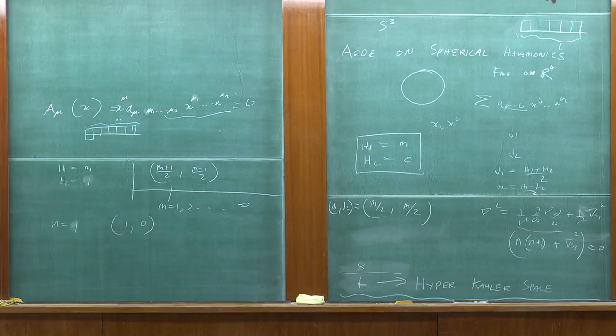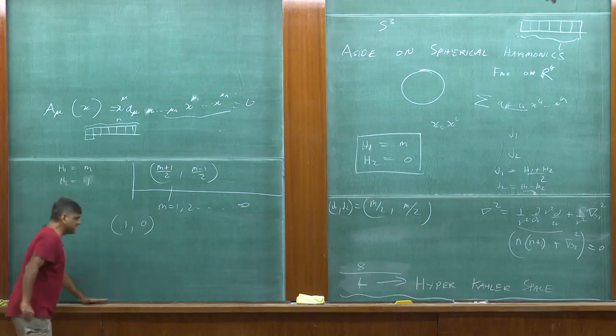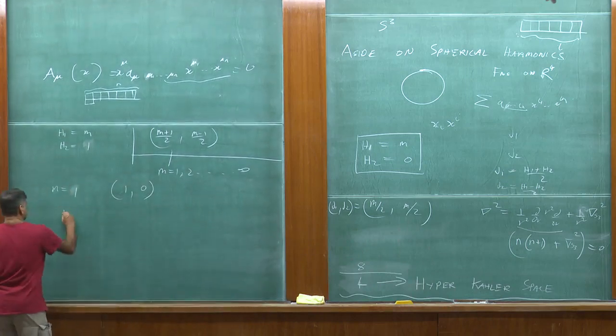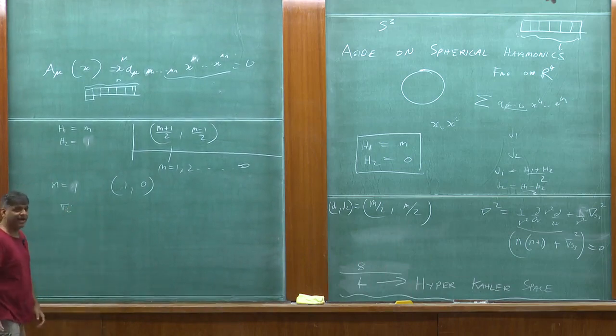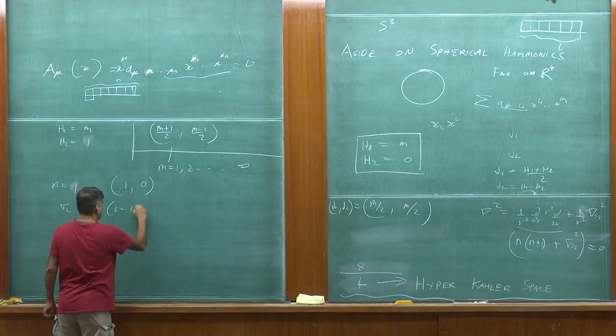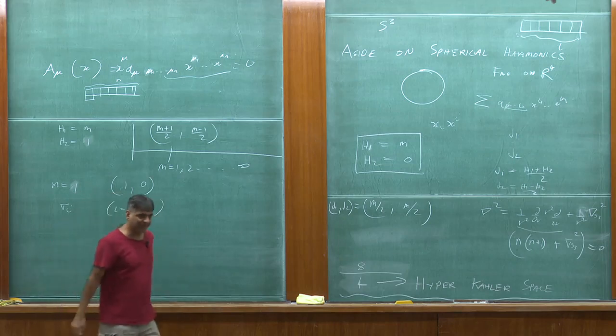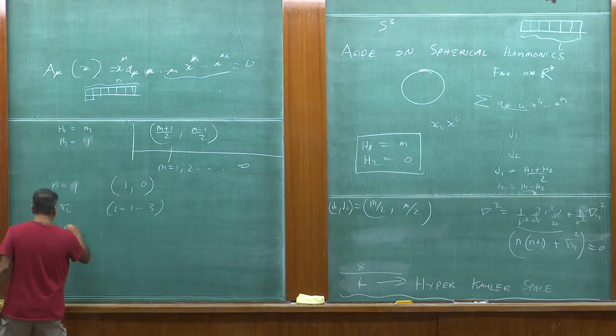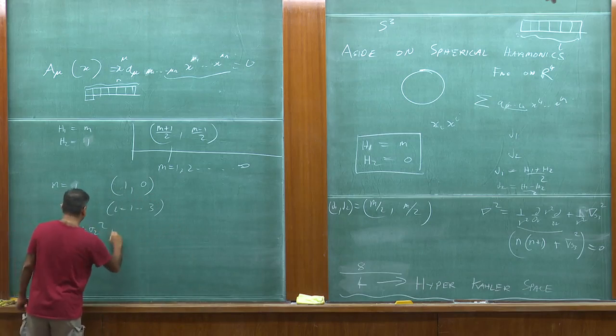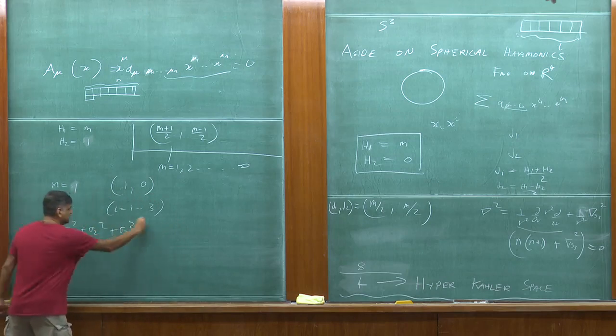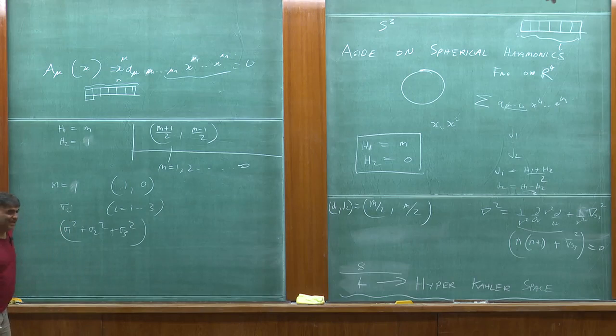Now, in fact, it's not hard to convince yourself that you can write down the round metric on the sphere. In some coordinate system, you can write down explicit expressions for these one forms. They're sometimes called sigma I, I equal to 1 to 3. Sigma 1, sigma 2, sigma 3. And roughly speaking, sigma 1 squared plus sigma 2 squared plus sigma 3 squared is actually also right invariant.